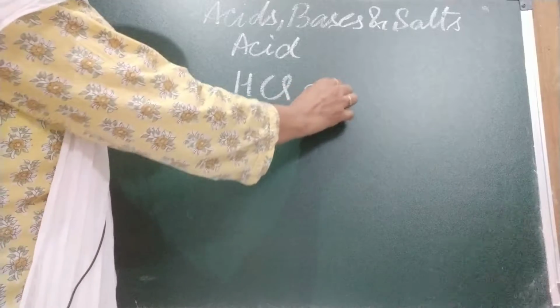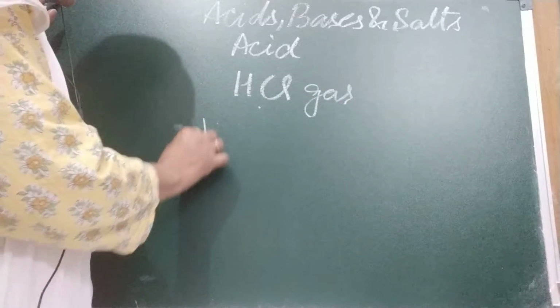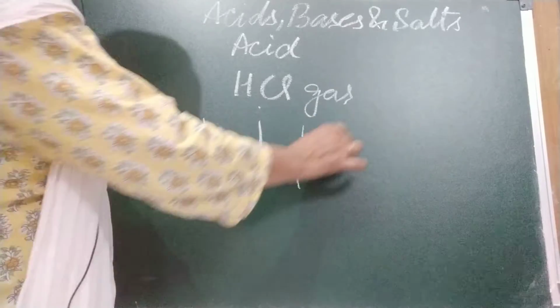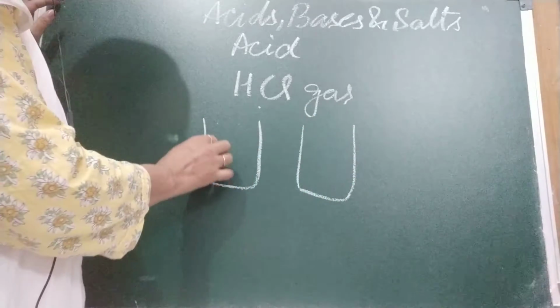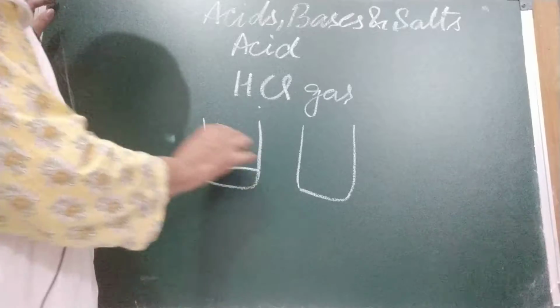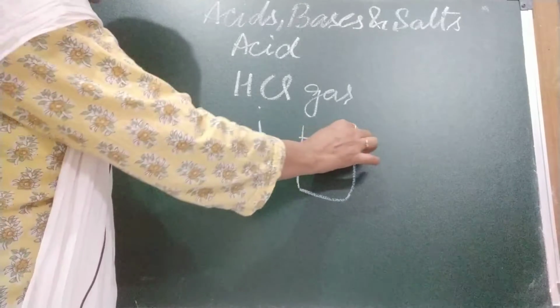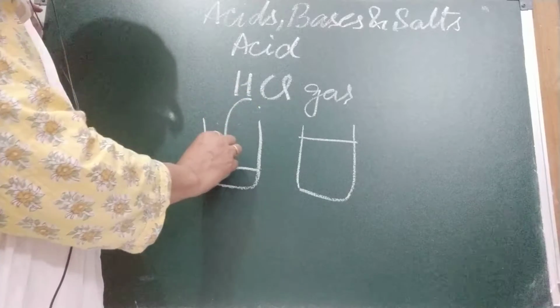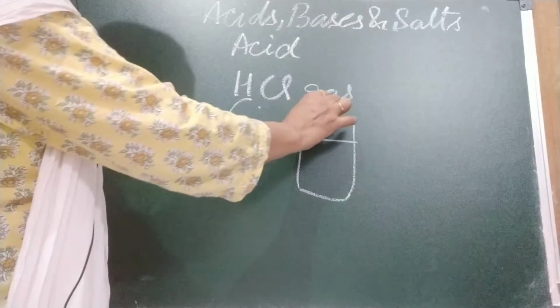Suppose this is gas. How are we going to make it concentrated? We will take two beakers. In this one I will take less water, and in this one I will take more water. And the same amount of gas we are going to introduce in it.